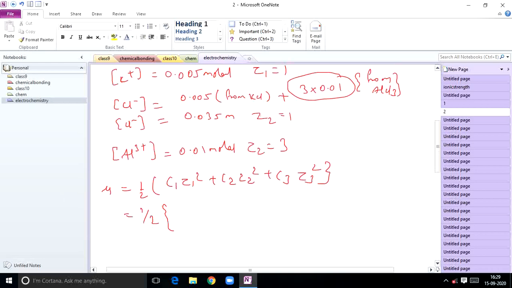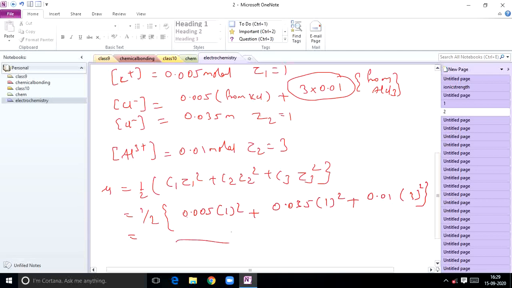C1 means concentration of K+. So how much concentration of K+? 0.005 into 1 square plus C2. I am taking chloride ion concentration as C2. 0.035 into 1 square plus C3, concentration of Al3+, that is 0.01 into 3 square. So if you substitute all this, you will get the answer.